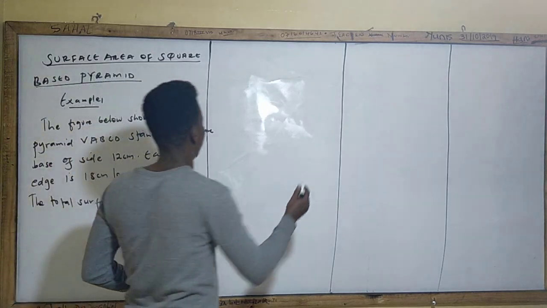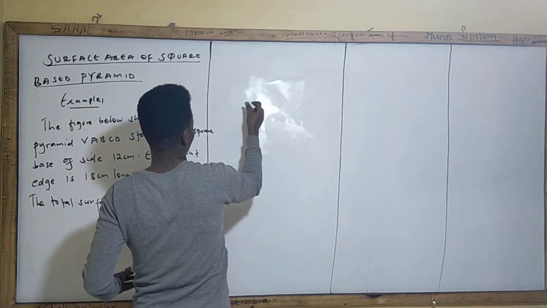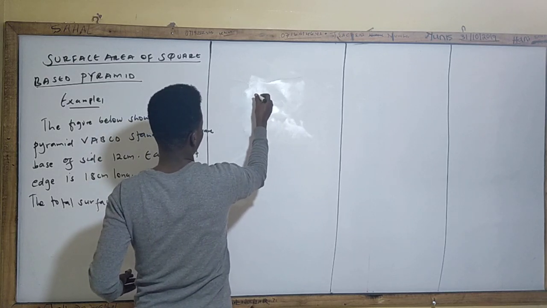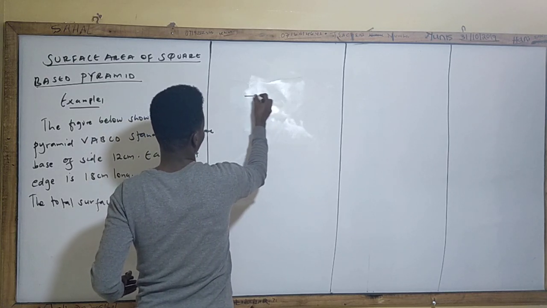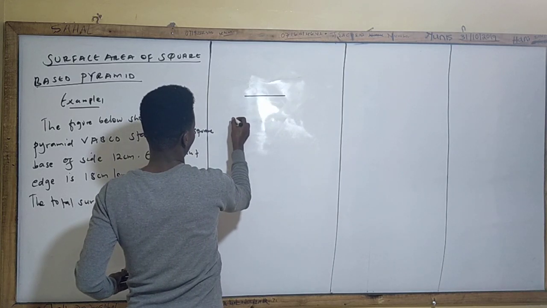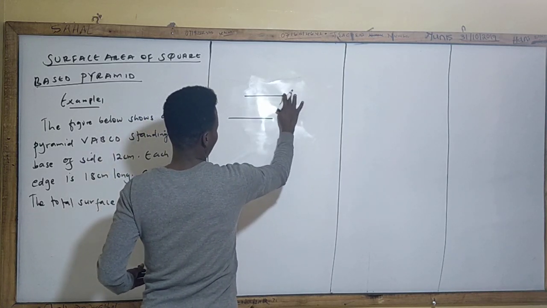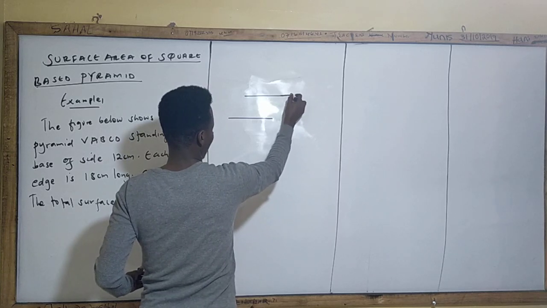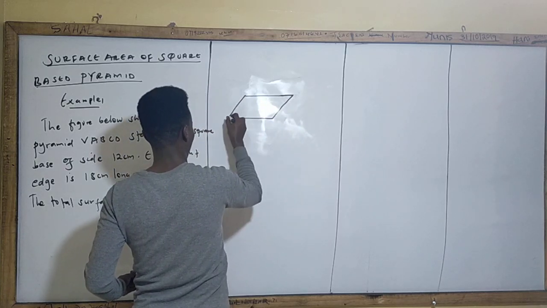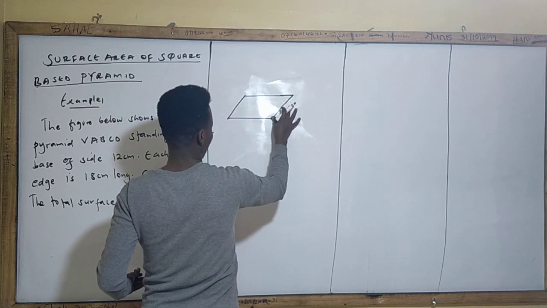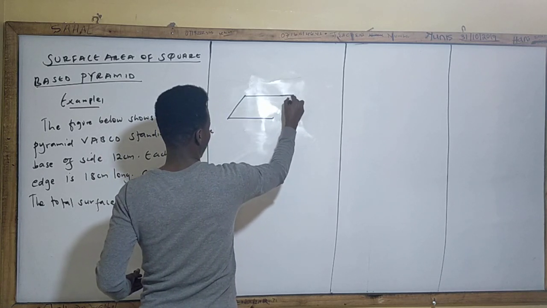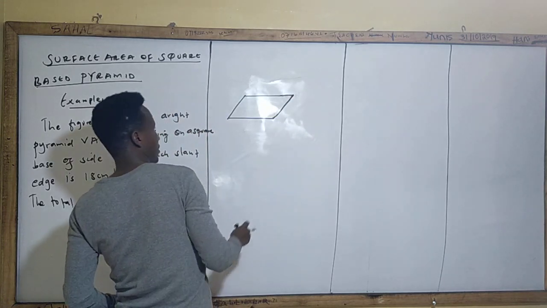So now let me draw the figure for you. Remember, it's a square-based pyramid. This is the figure for your information, guys. You must be expert in drawing, but in case you see one, they will draw it for you. Don't worry about that, okay? So let's say this is the square-based pyramid.